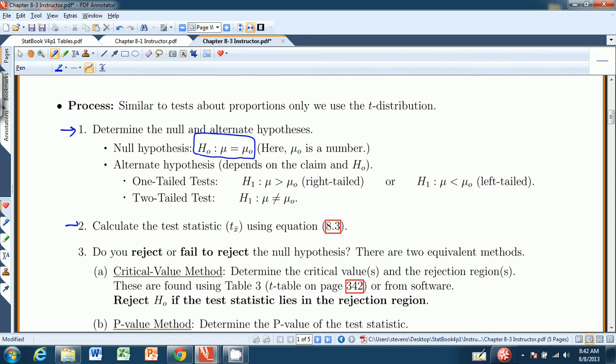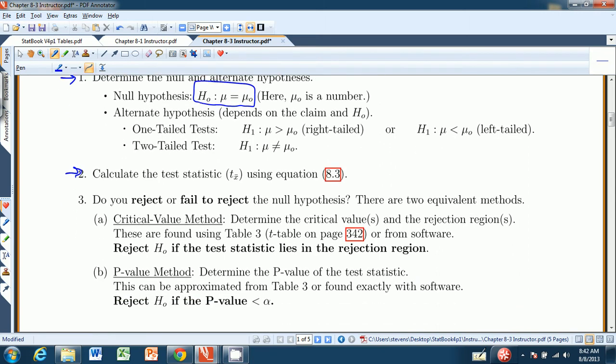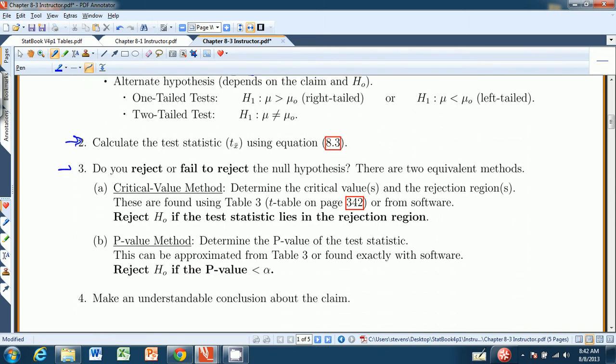Calculate the test statistic using equation 8.3 above. Do you reject or fail to reject the null hypothesis? There are two equivalent methods. We're going to be using this method, where we determine the critical values and the rejection regions, and reject the null hypothesis if the test statistic lies in the rejection region, just like the last chapter.